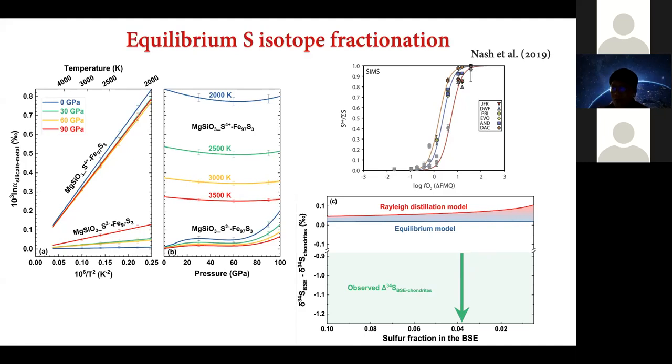So the observed sulfur isotope composition of the bulk silicate Earth cannot be explained by either late veneer or core formation. So what kind of mechanism should be responsible for this?